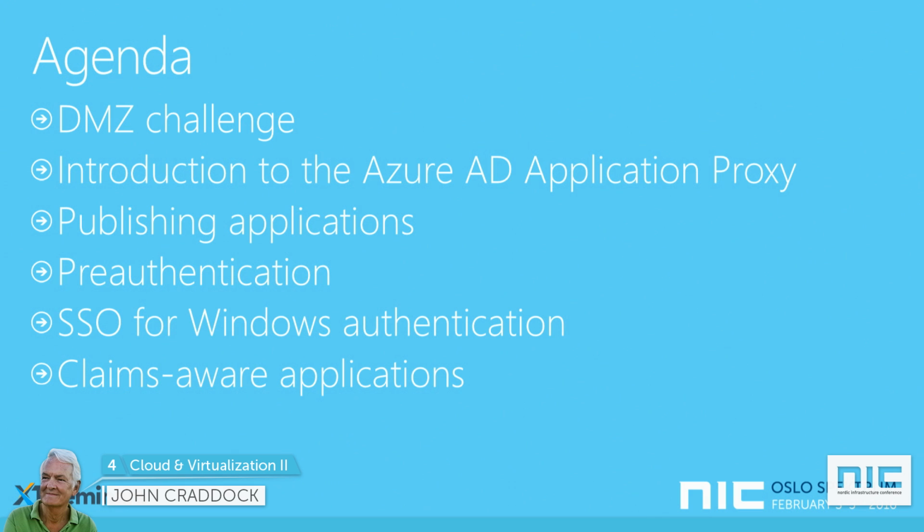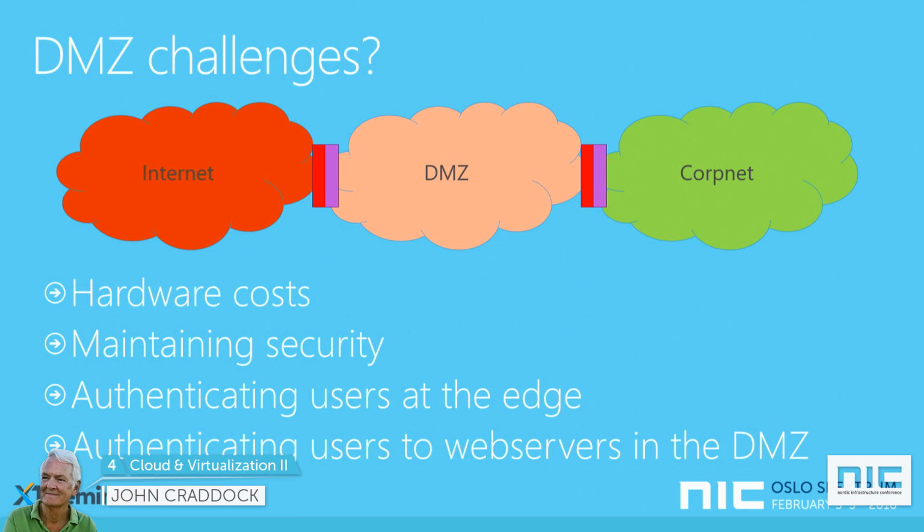And there are a number of different ways and different scenarios for approaching single sign-on and how we do that. And then in terms of just wrapping up, I'm going to be talking about managing claims-aware applications in that environment.